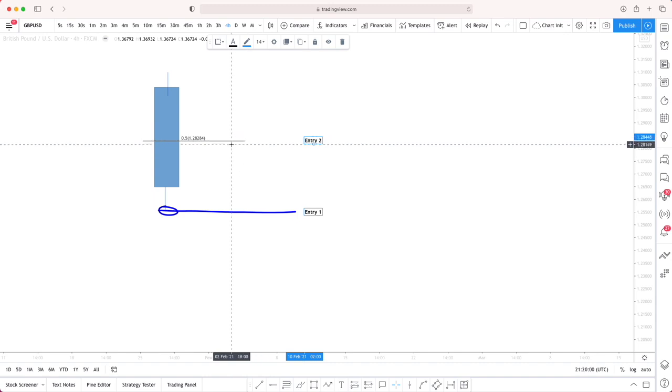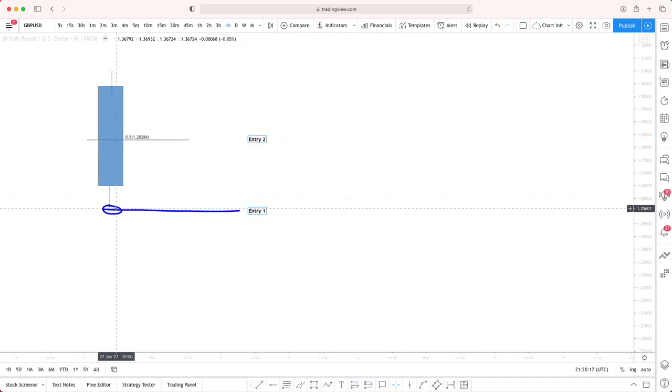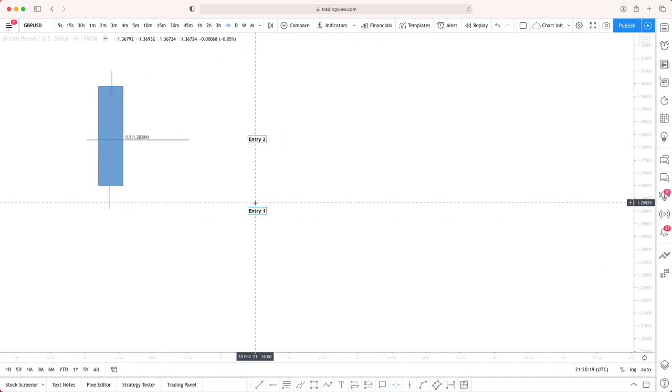If you use the 50%, you are less probable to actually trigger the trade, but it does give you a better risk to reward. So just bear that in mind. That's the only reason why you use the 50% of the OB. Ideally, I would use the open if I were you.